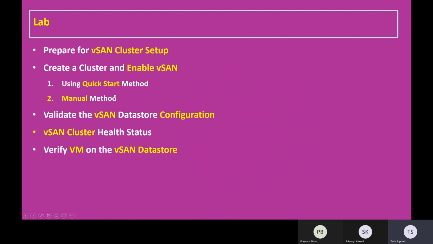Once the data store everything is created, we'll verify vSAN cluster how is the health status, and verify the virtual machine on vSAN data store. We can create one virtual machine on vSAN data store and observe the vSAN virtual machine objects. Objects is nothing but virtual machine files, VMX, VMDK, NVRAM, and also the virtual machine log file and snapshot file. So this is the lab we are going to observe now.